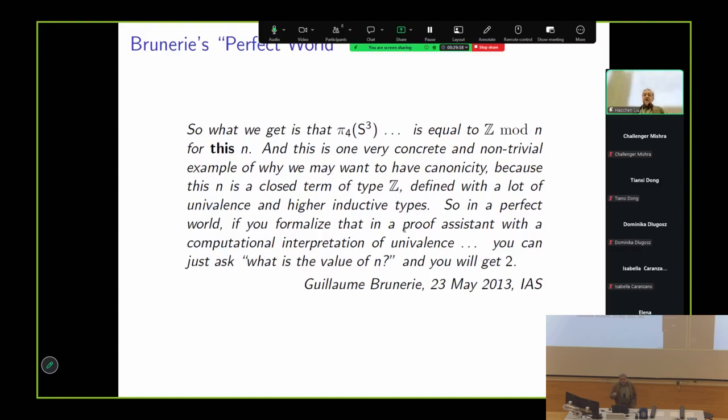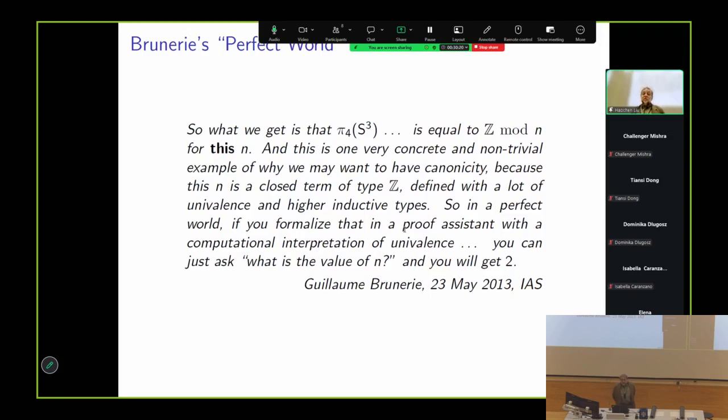And this is one very concrete and non-trivial example of why we may want to have canonicity. That's the computational property that was conjectured by Voevodsky. Why we may want to have canonicity, because this n is a closed term of type Z, defined with a lot of univalence and higher inductive types.